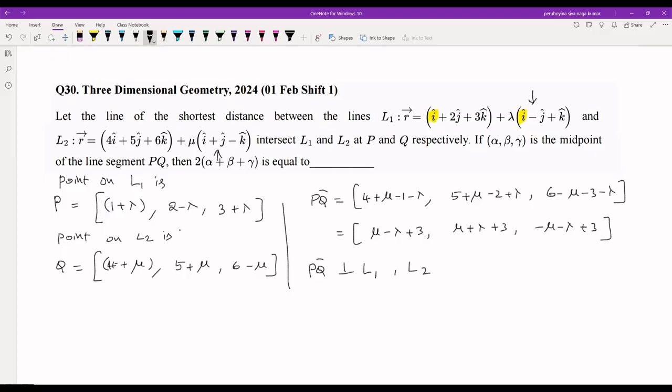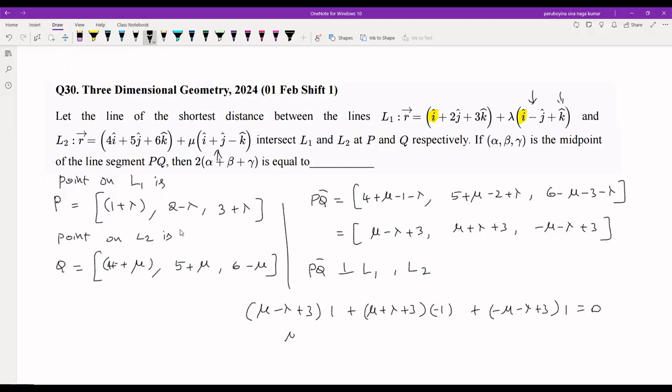Since perpendicular, you can write mu minus lambda plus 3 into 1, plus mu plus lambda plus 3 into minus 1, plus minus mu minus lambda plus 3 into the next DR, which is 1, it should be 0.